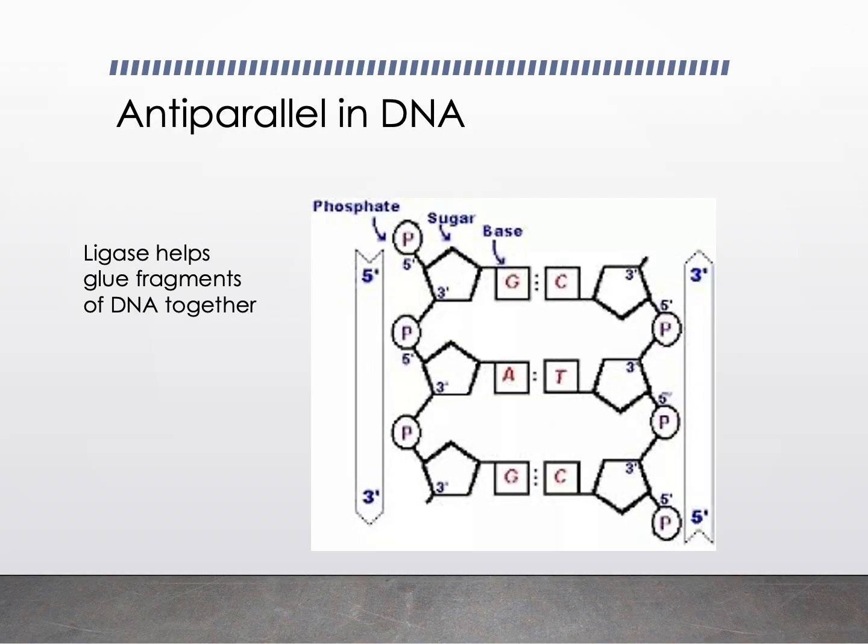All right, guys, remember when I said that on the diagram, I was showing you how the arrows moved in opposite directions? That's because DNA is anti-parallel, and you need to know this term, anti-parallel. The anti-parallel is the direction in which that new strand is made.